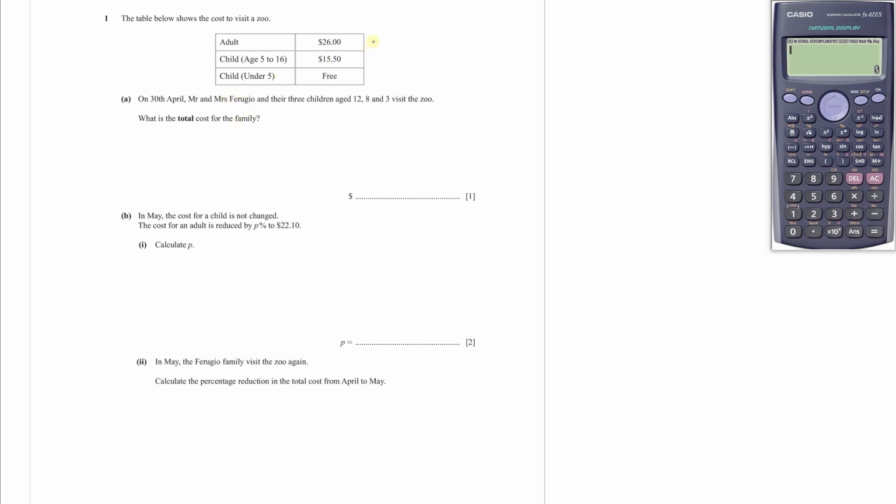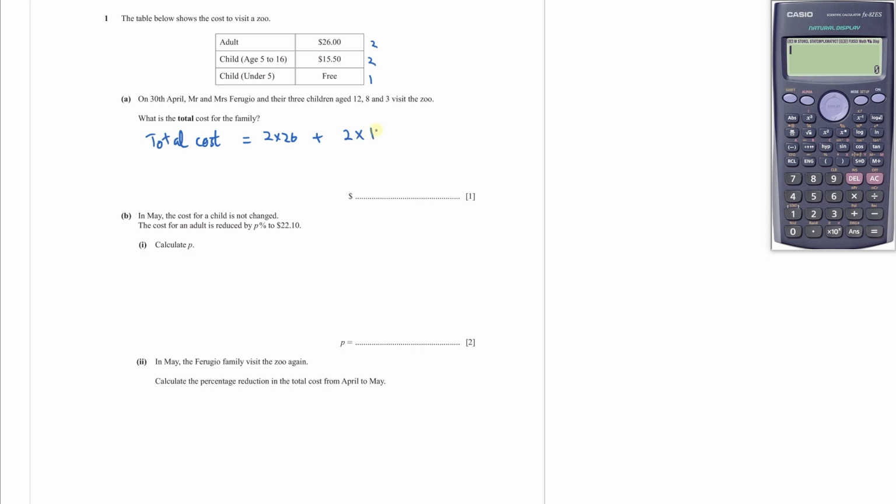So you have two adults and two children between age 5 and 16 here, and one child who is aged 3, which is under 5. So the total cost will be 2 times the ticket for adults, plus 2 times 15.50 for the two children aged 5 to 16.